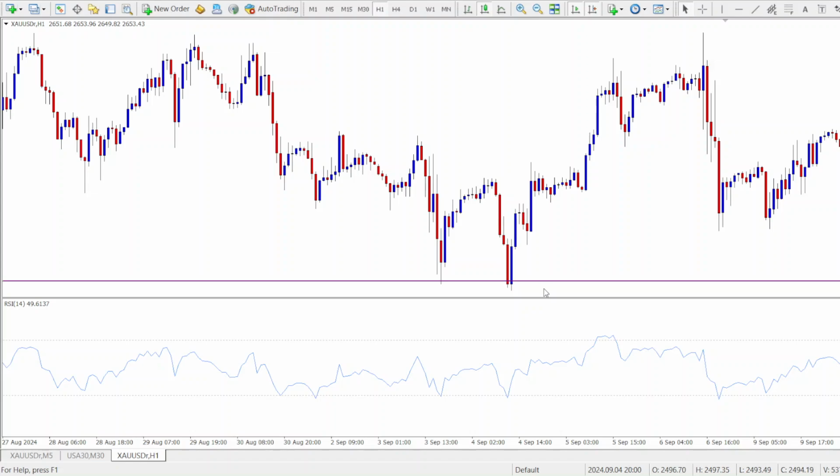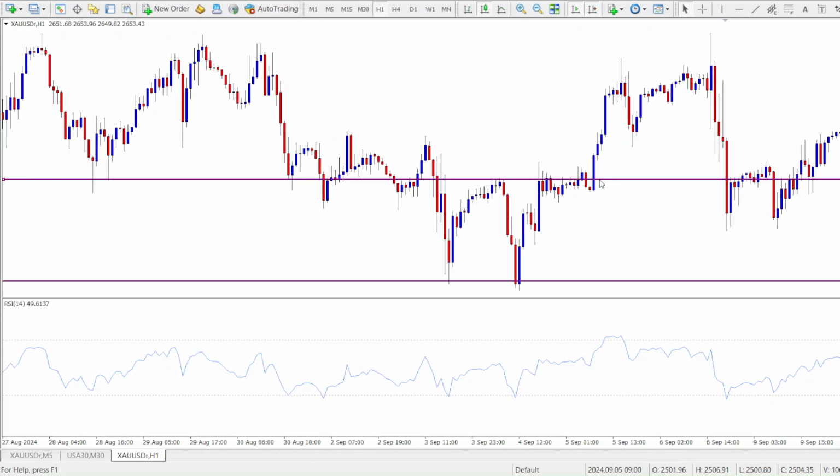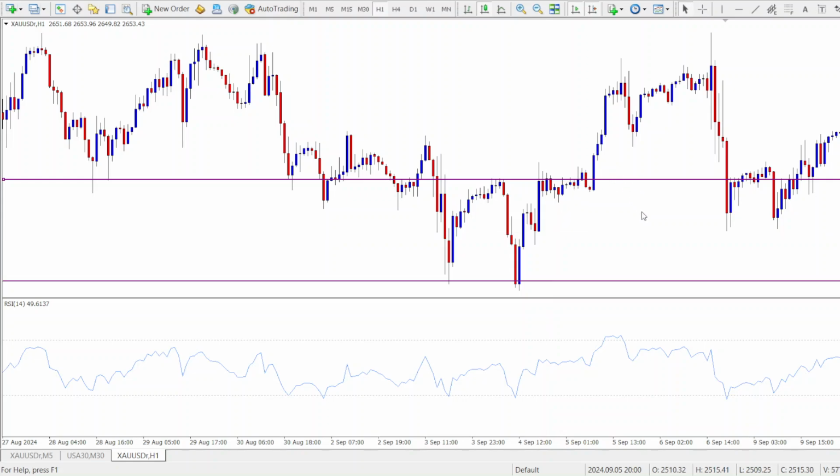You set your stop loss below that, and then your take profit can be at the nearest resistance level, which is going to be somewhere around here or here. So had we entered the buy trade here, we would have caught about 128 pips.